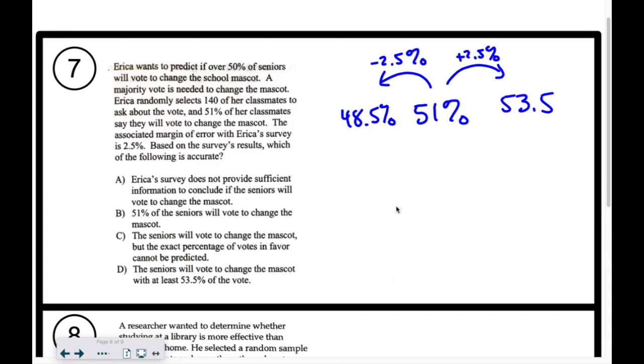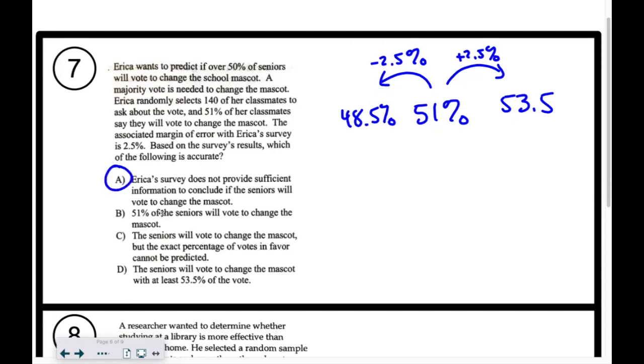Well, that's not enough because we are pretty certain that it's between these two values, but that leaves open the possibility that it's less than 50%, right? Because less than 50% is in our kind of likely region here. All right. So therefore, we do not have enough information to say that they will vote to change the mascot. Now, if both of these numbers were above 50%, then we would say that we have sufficient information.